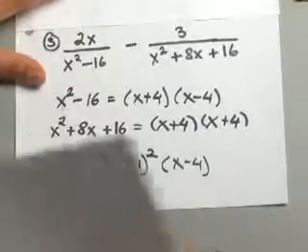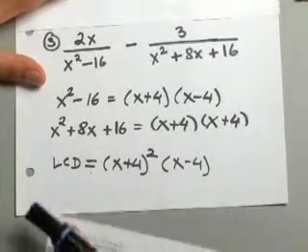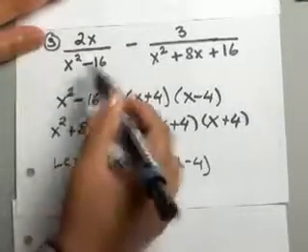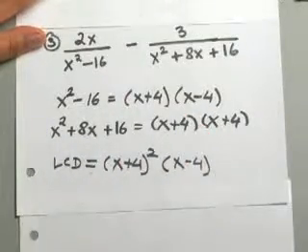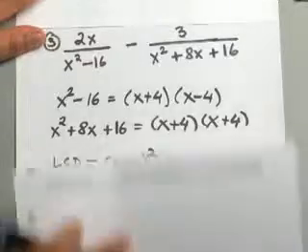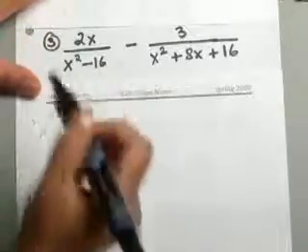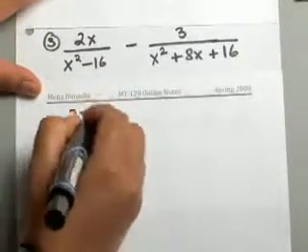Now, once you find your least common denominator, you will have to make both these denominators look similar to the least common denominator. So let's go ahead and start by rewriting our original expression here.